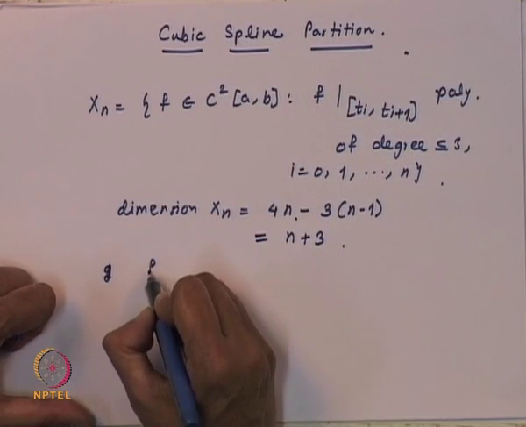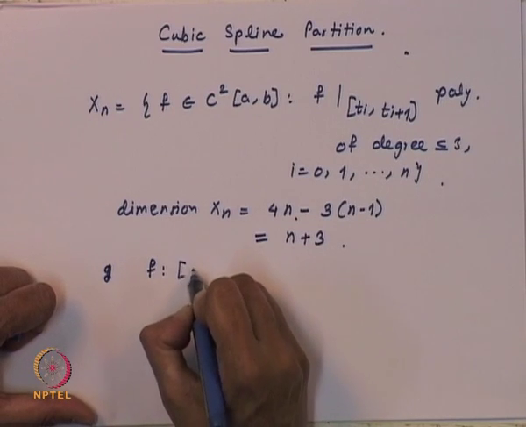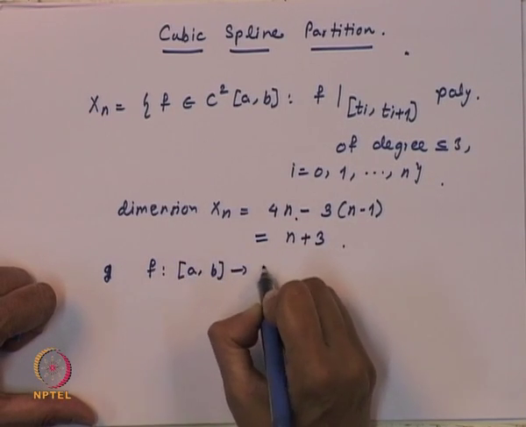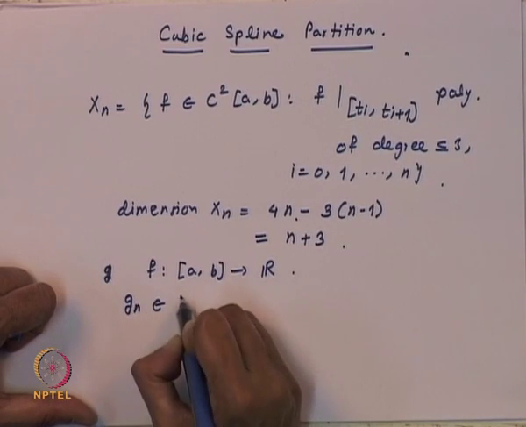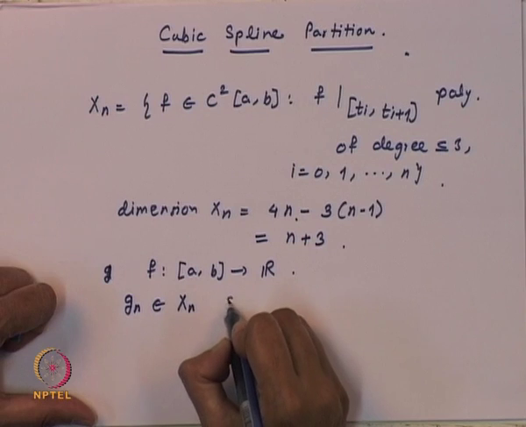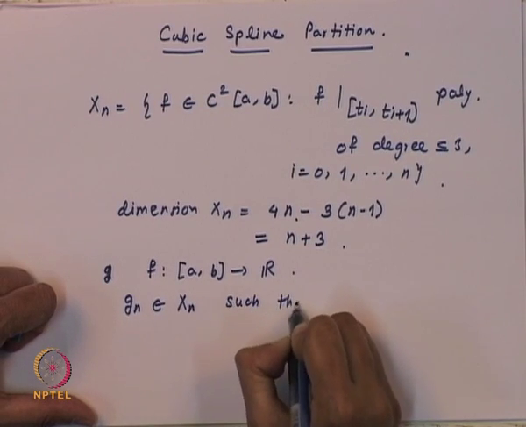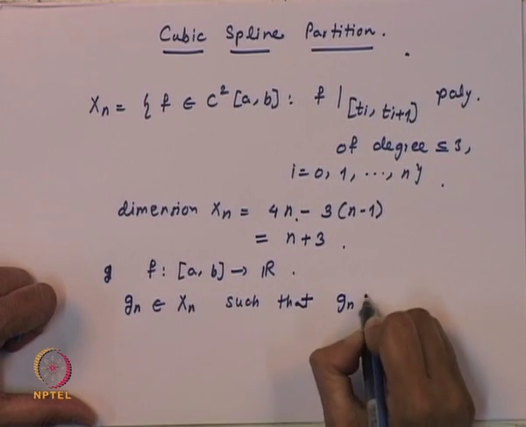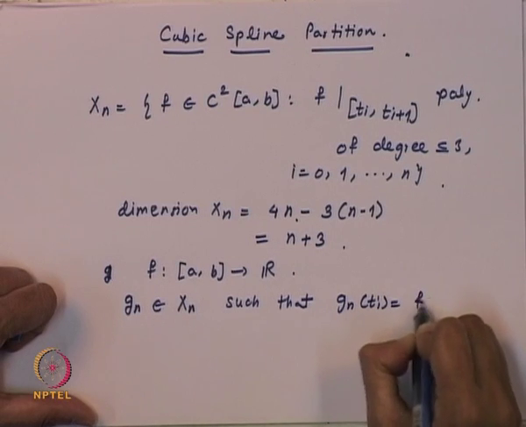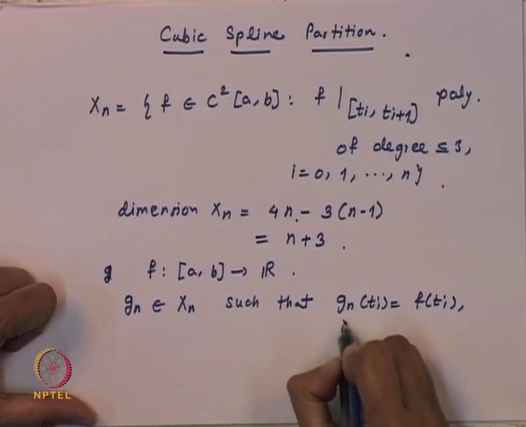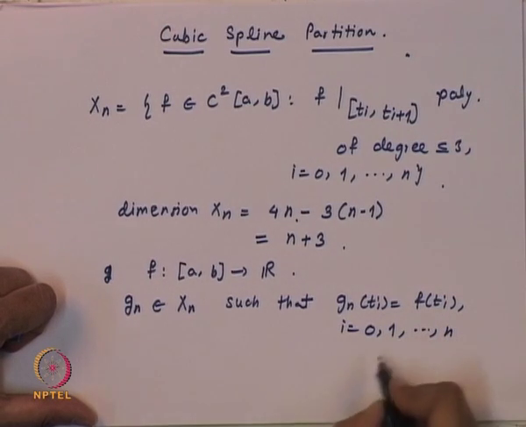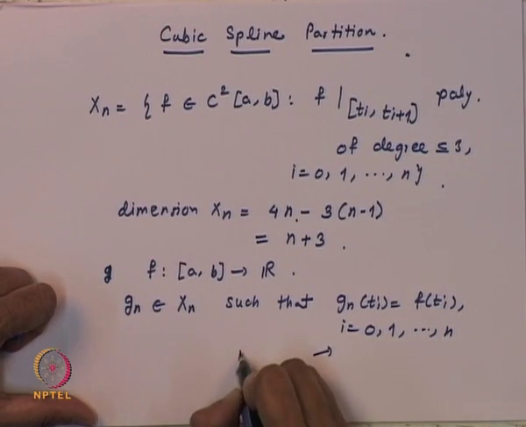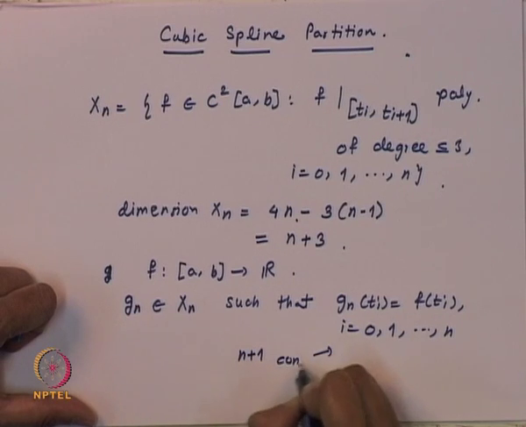Suppose our function f is defined on the interval [a, b] to the real line, and look at g n belonging to X n such that g n at t i is equal to f at t i, i equal to 0, 1 up to n. So, these are n plus 1 conditions.